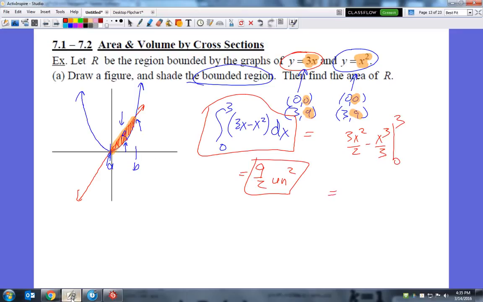And then at the very end, you would show everything going into play, like 27 over 2 minus 27 over 3. So we could say 9. And that's minus 0, because the rest of it is 0. So you have 9. Let's make a common denominator. You have 18, so 27 minus 18. That's where you get that 9 halves.